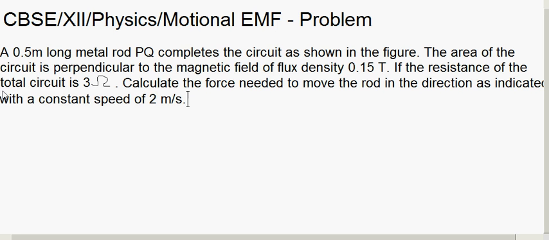Okay. A 0.5 meter long metal rod PQ completes the circuit as shown in the figure. The area of the circuit is perpendicular to the magnetic field of flux density 0.15 Tesla.